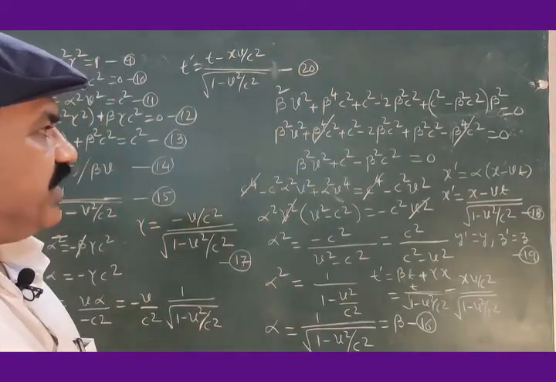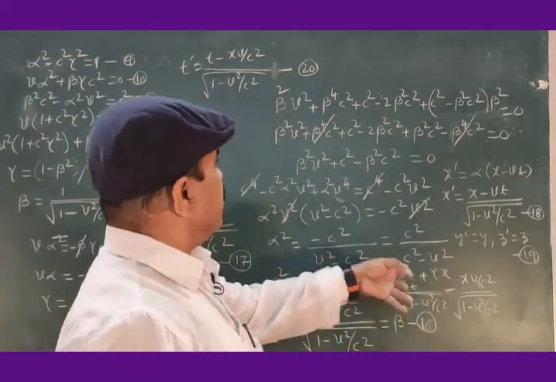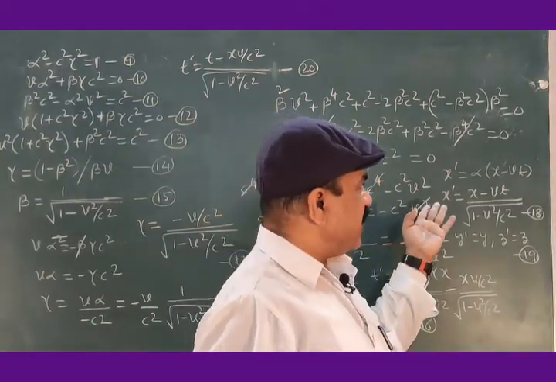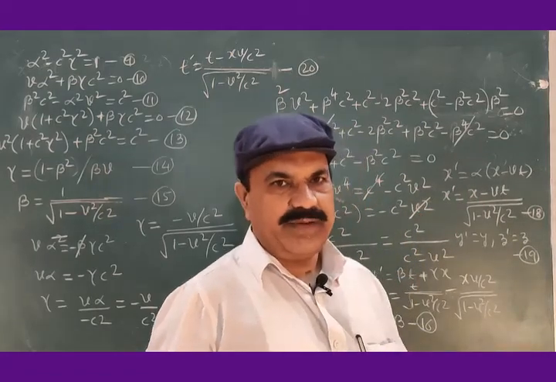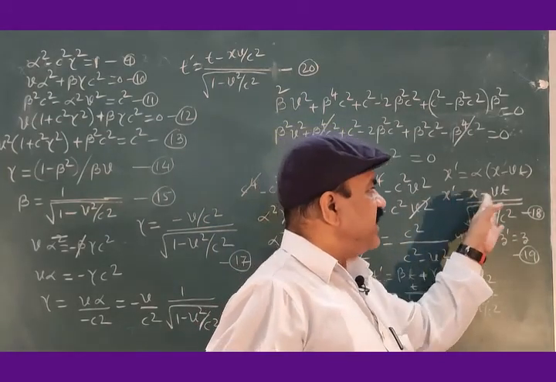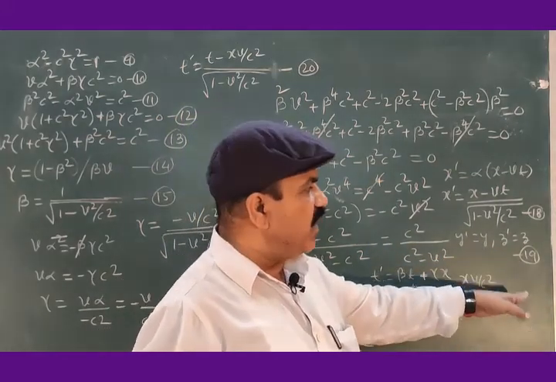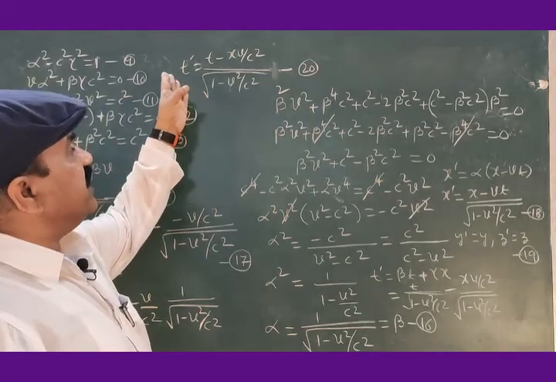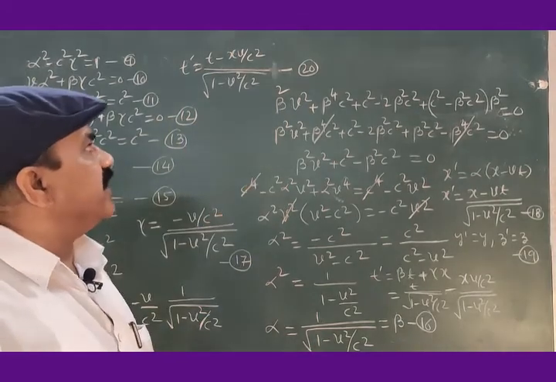So these are the Lorentz transformation equations 18, 19 and 20. In case of Galilean transformation, x dash was given by x minus vt. But in Lorentz transformation it will be x prime is equal to x minus vt divided by the square root of 1 minus v square by c square. y dash would be equal to y, z dash would be equal to z, and the time coordinate is t dash is equal to t minus xv by c square divided by the square root of 1 minus v square by c square.